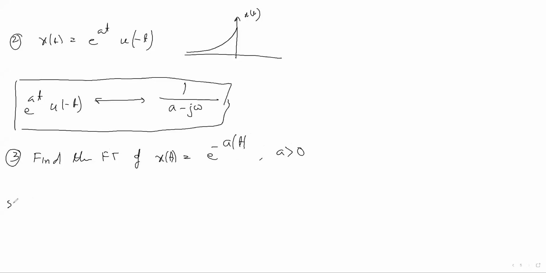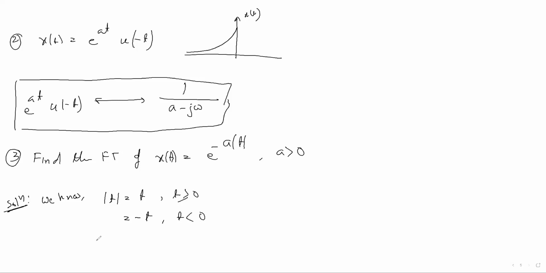You should know first. I have already given it in the previous classes also. We know mod t will be t only when t is greater than or equal to 0, and it will be minus t when t is less than 0.